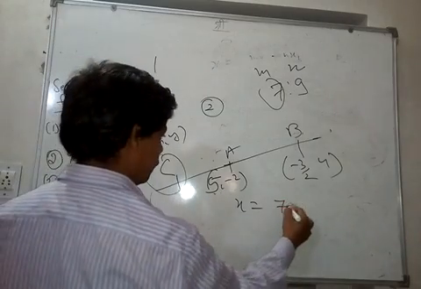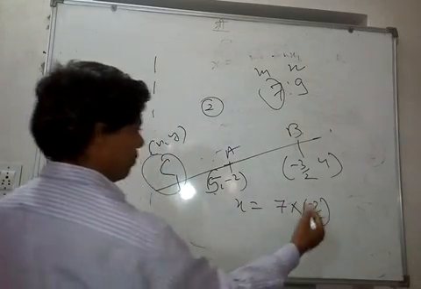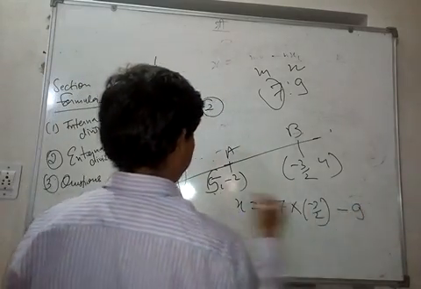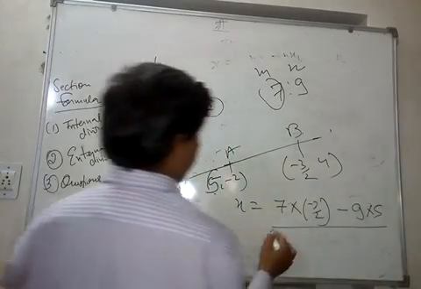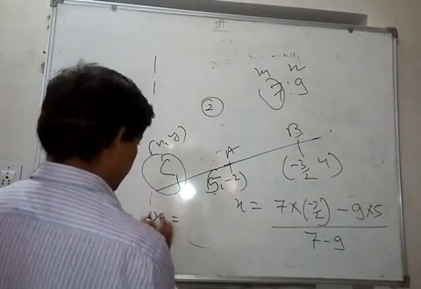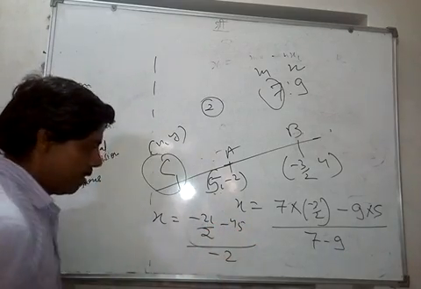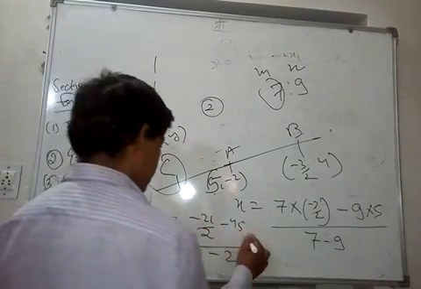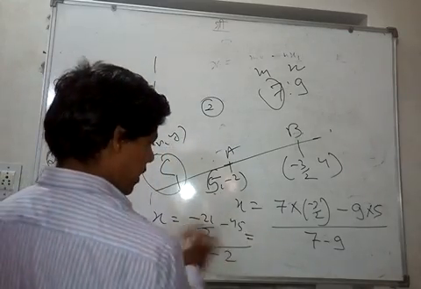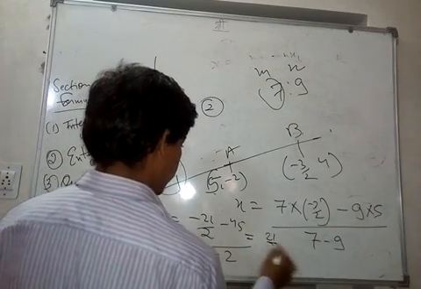So 7 into x2. x2 is this minus 3 by 2 minus, because it is m x2 minus n x1, 9 into 5, upon m minus n, 7 minus 9. We will get x is equal to minus 21 upon 2 minus 45 upon minus 2. Okay. This you can take the LCM. All the minuses are negative, so we can cancel them out by taking common. 21 by 2 and this I am taking LCM.